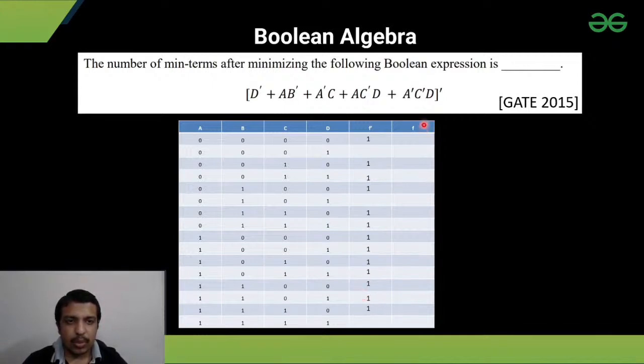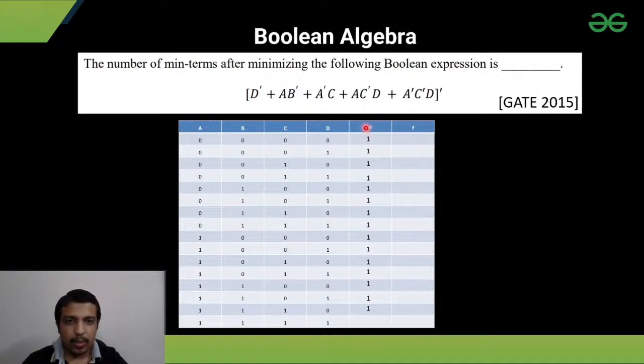Then we'll mark those positions where a is 0, c is 0 and d is 1. This is one such position, a is 0, c is 0 and d is 1. The next such position is this, a is 0, c is 0 and d is 1. So we'll mark this position.